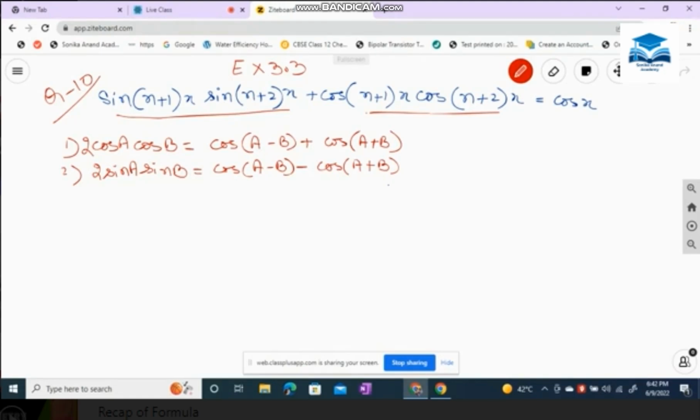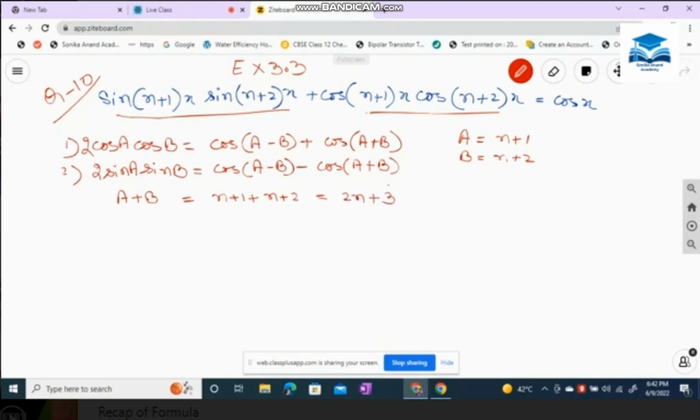Now we can assume the value of A is equal to n plus 1 and the value of B is equal to n plus 2. Clear? Now we can also find firstly the value of A plus B, which is equal to n plus 1 plus n plus 2, which is equal to 2n plus 3.